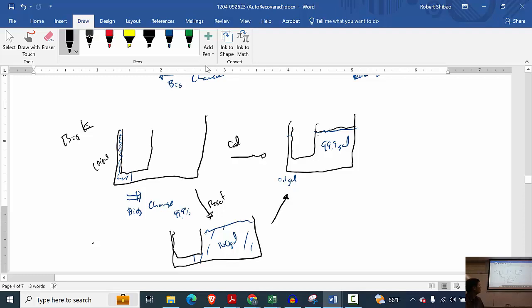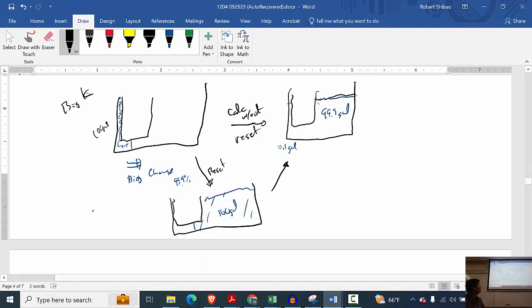So this is calc without reset. The calculation without the reset is going to be a 99.9% change. But if I reset, I ran out of room here. If I reset, then we're going to have a small change here.